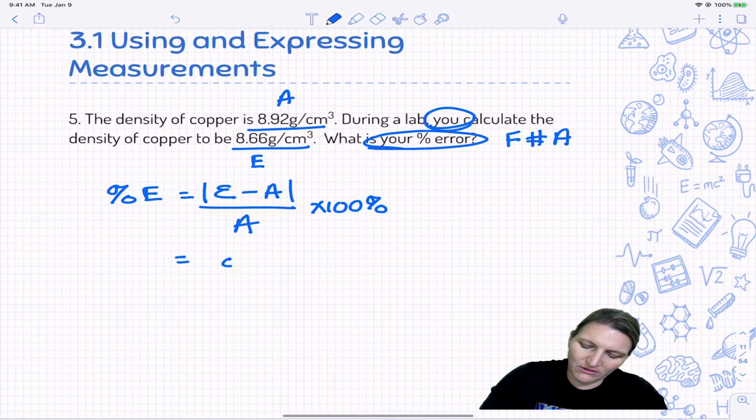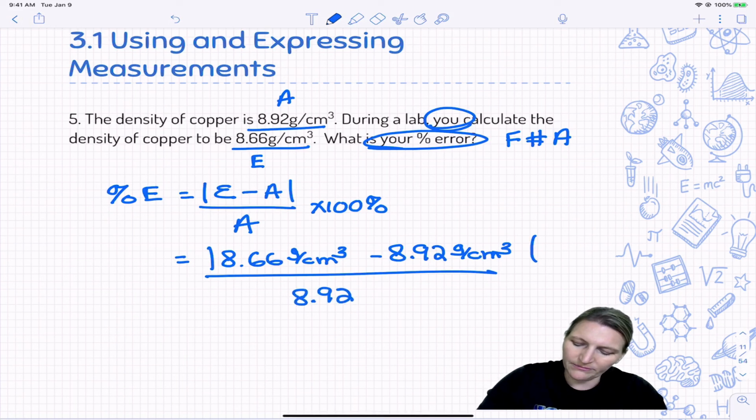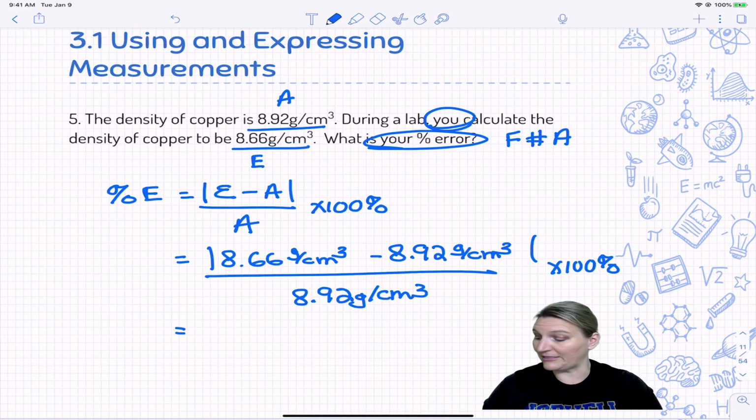So the experimental value is 8.66 grams per centimeter cubed minus 8.92 grams per centimeter cubed divided by 8.92 grams per centimeter cubed. And then once I get that decimal, I'm going to multiply it by 100% in order to get the percent error.